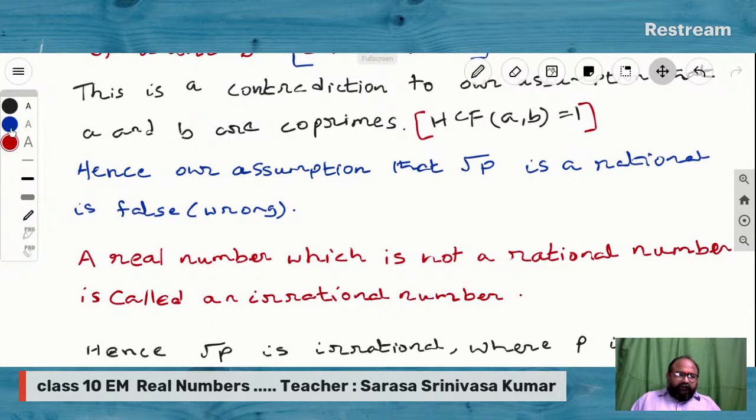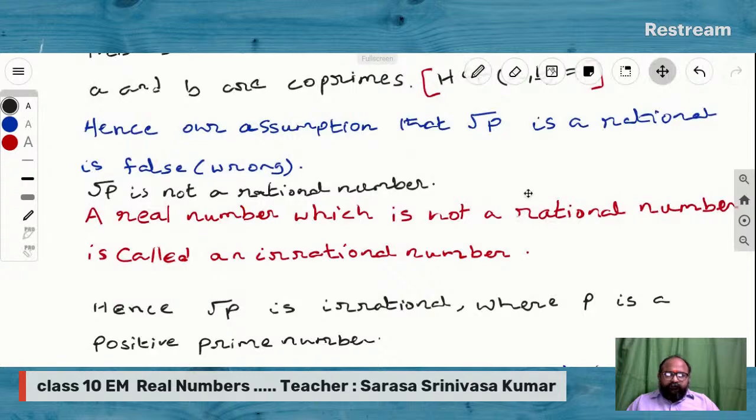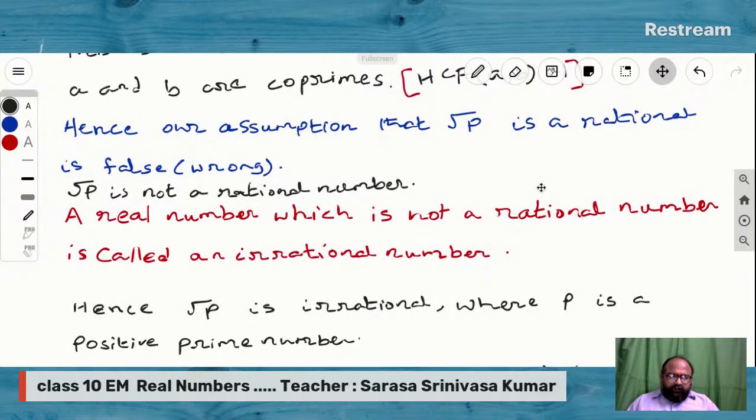So here we write it: square root of p is not a rational number. If this is not a rational number, then it should be an irrational number.